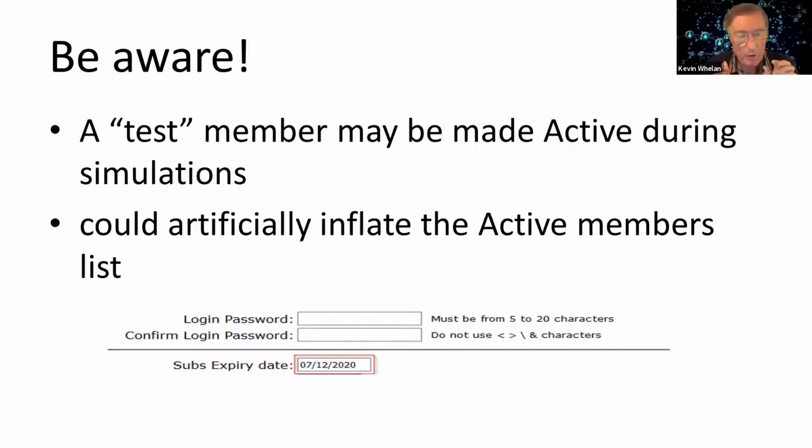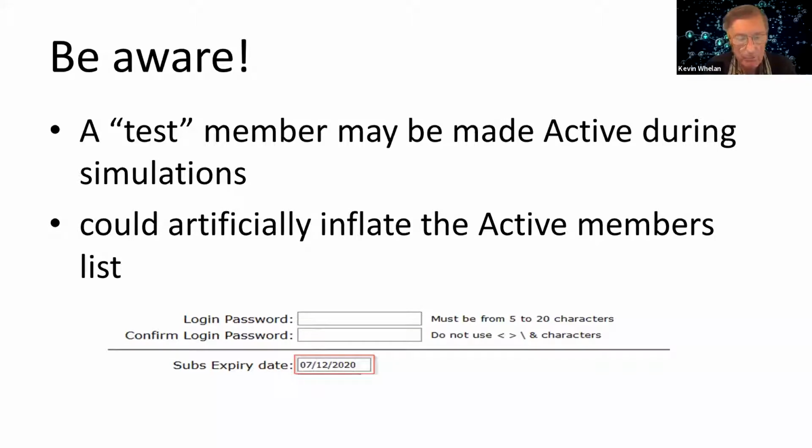If you try to activate that member again, or use that same member to log in or enroll in a new course and generate a subscription, it won't do it, because the subscription expiry date says they've already got a subscription which is active.